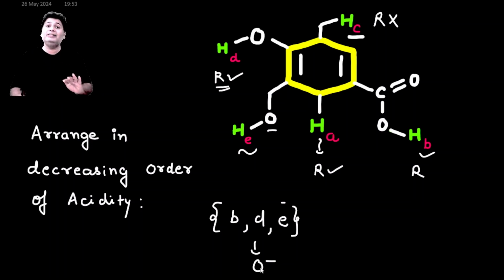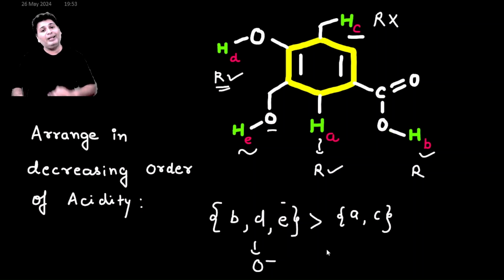So quality wise these are leading, and after that come A and C, because in both A and C you saw the minus charge remaining on the carbon, although A had delocalization on the carbon, while C lacked that also.